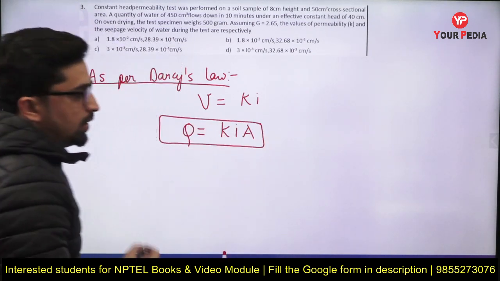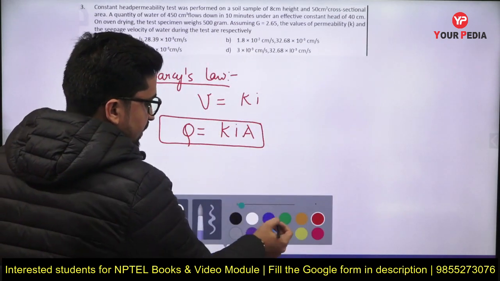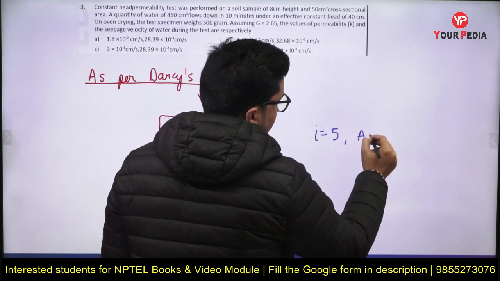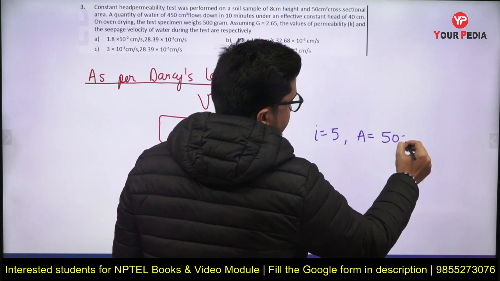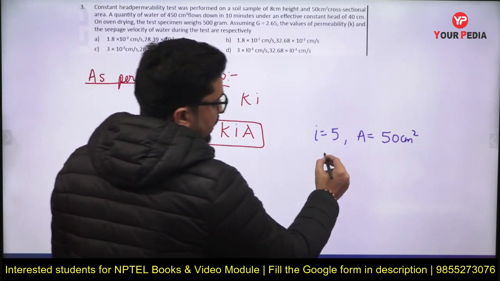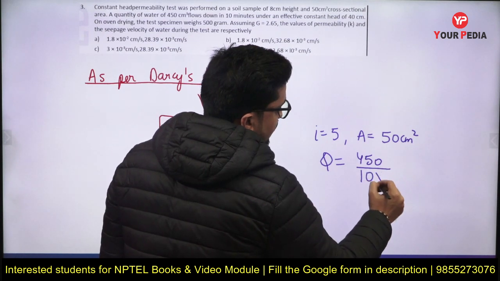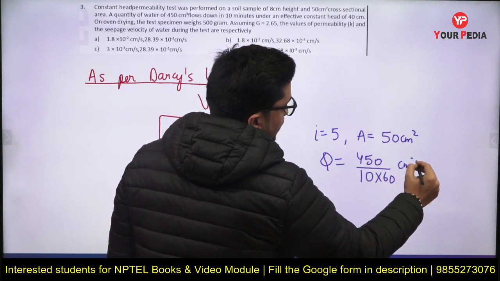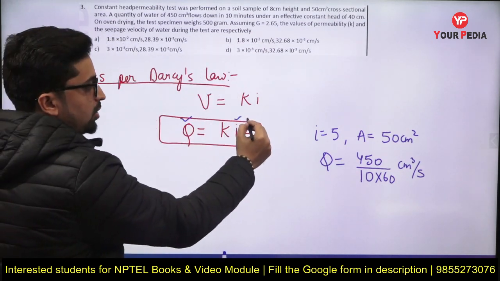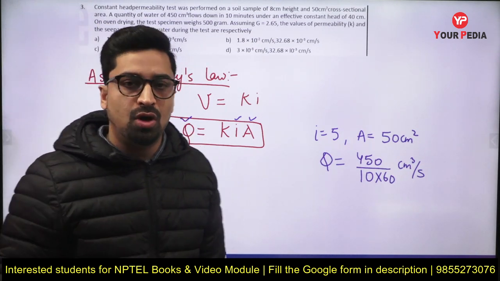So in this test specimen, we have already calculated the value of I as 5, the area of cross section of the soil sample is already given to us as 50 centimeter square, and the discharge we have already calculated as 450 divided by 10 into 60 centimeter cube per second. Therefore we have the Q value, I value, and A value, and from this we can easily calculate the K value, which is the coefficient of permeability of soil, right.